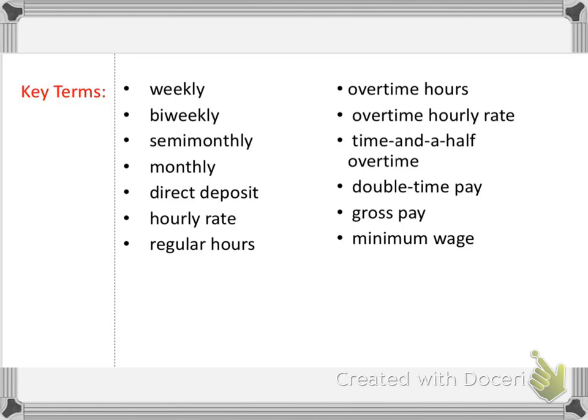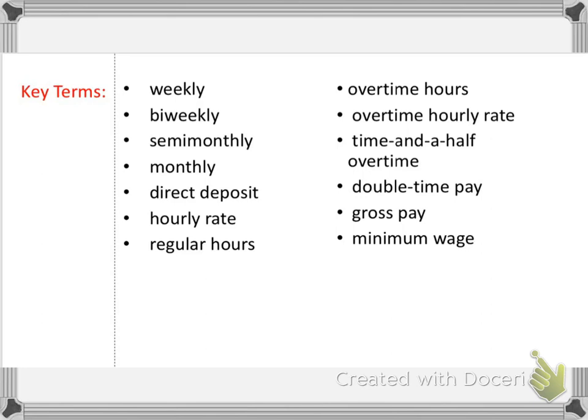Overtime hours, once you go above the regular hours that you're scheduled to work, anything extra is overtime. Overtime hourly rate is usually greater than the hourly rate for the regular hours. So normally you get paid time and a half for overtime. So you get paid a little more. There's double pay where you get paid twice the amount.